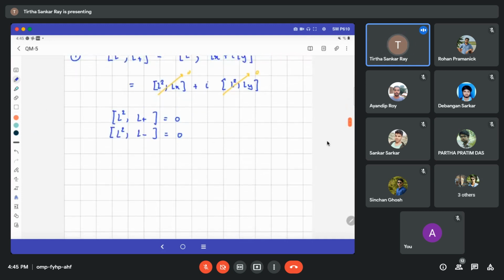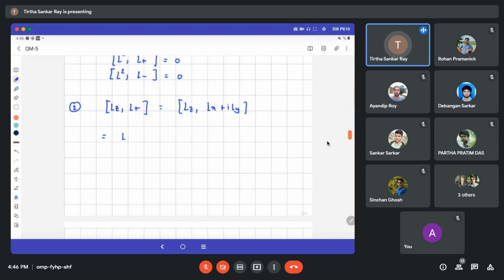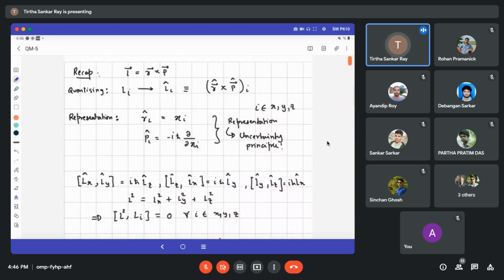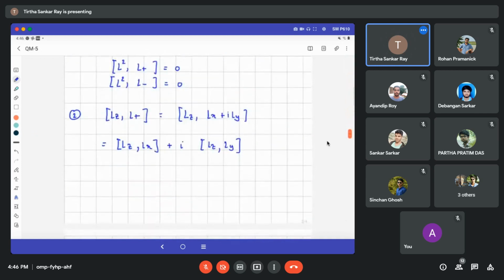The next one is Lz comma L plus. So let's do that. So this is Lz comma Lx plus I Ly. Again, using the associative law, you have Lz comma Lx plus I Lz comma Ly. And if you just remember the commutation relationship that I wrote down over here, you can just read off these quantities.